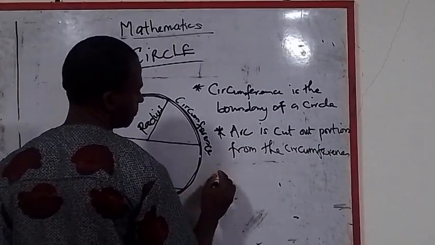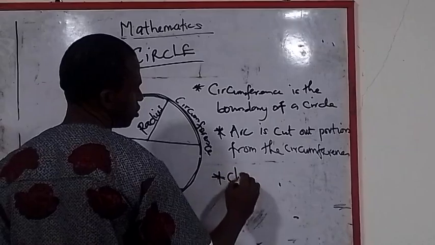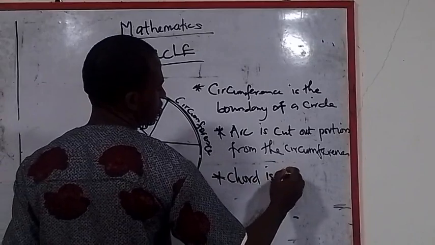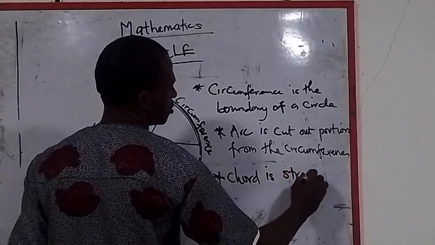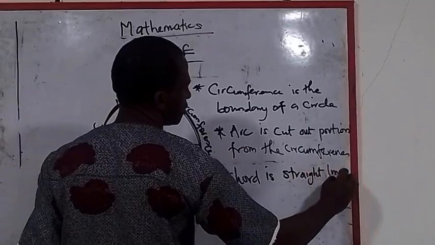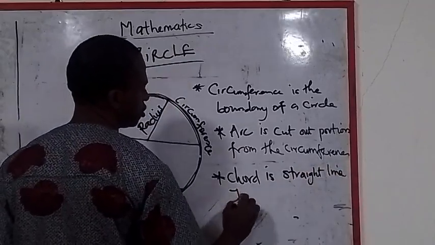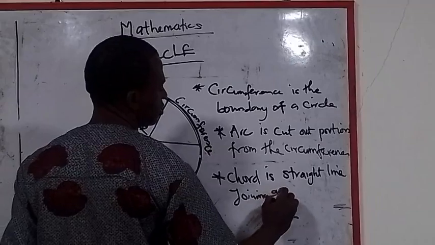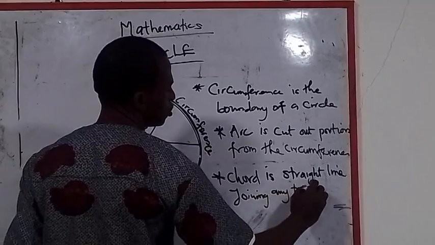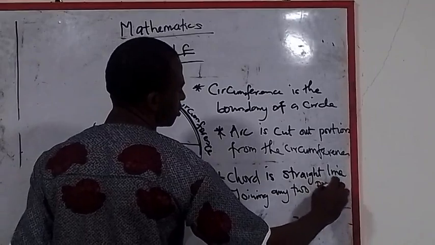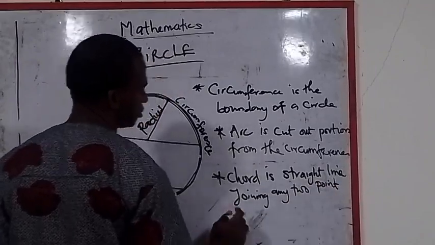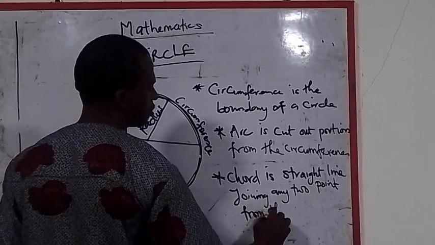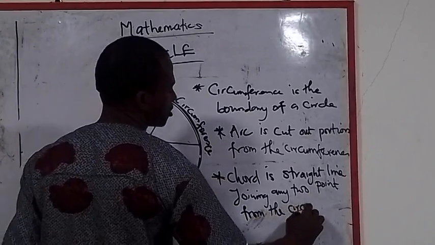Then chord is a straight line joining any two points from the circumference.